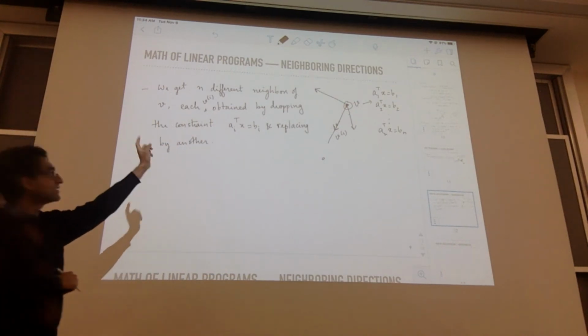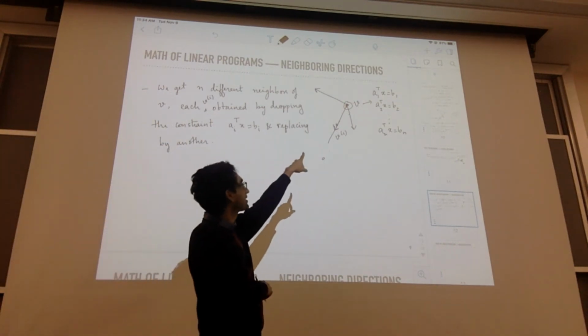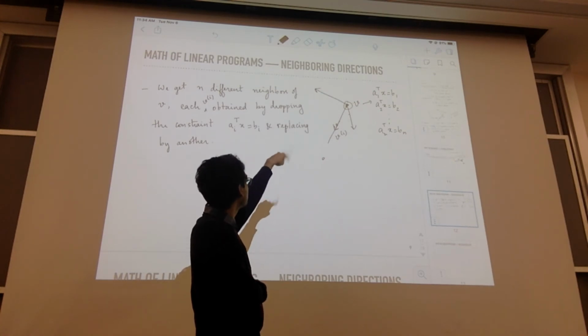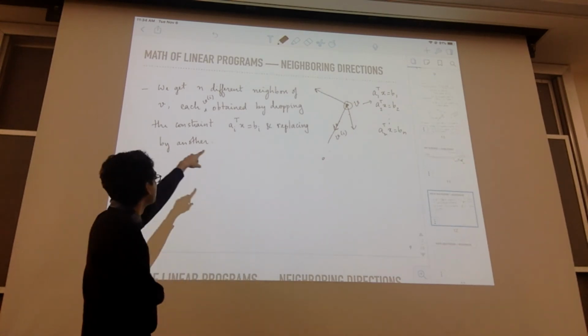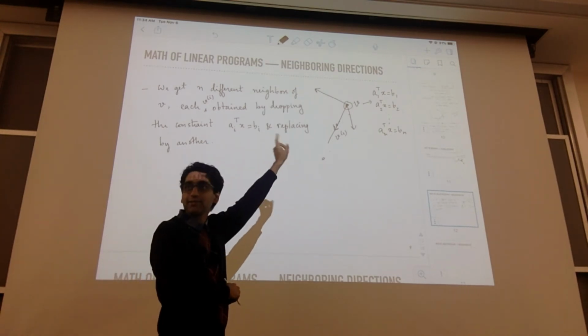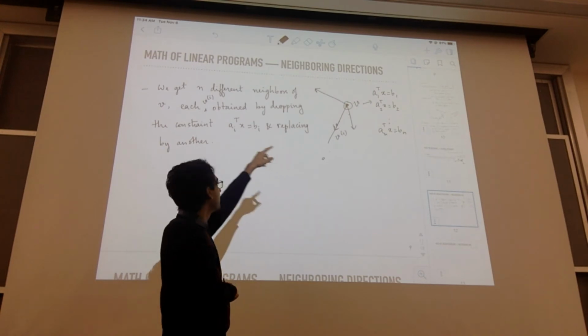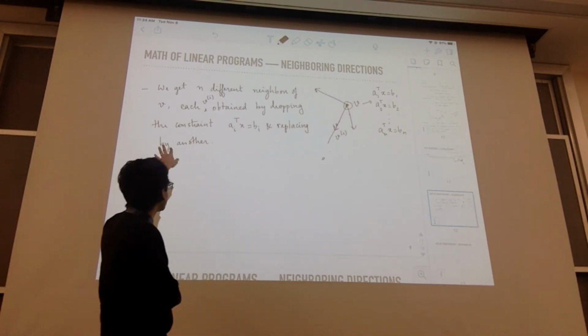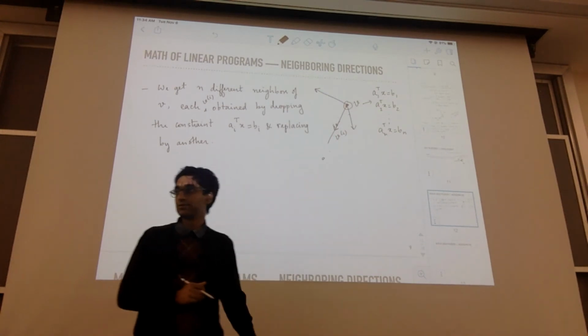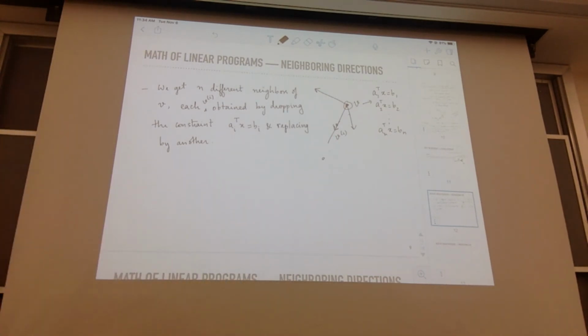Each direction V superscript i is defined as the direction you get by removing the ith constraint Ai transpose x, and replacing it by one of the other m minus n. If I replace by a different one of the others, it doesn't really matter. They're different. And you see why.